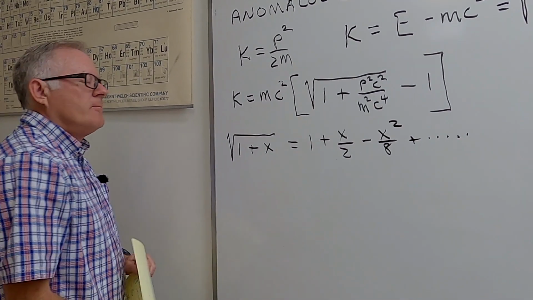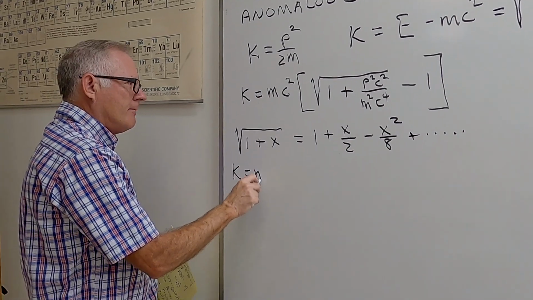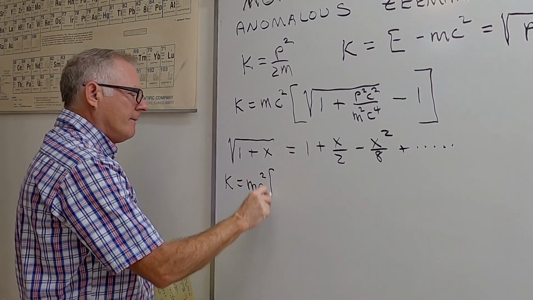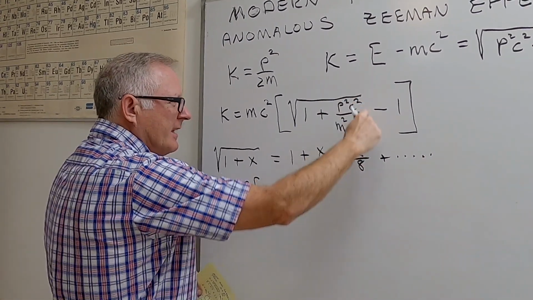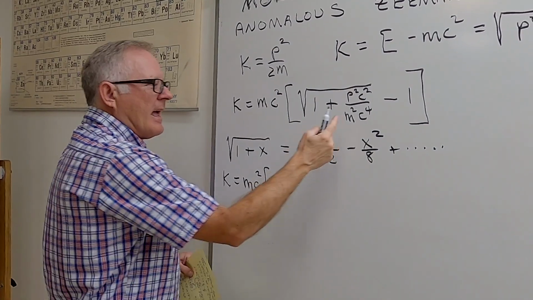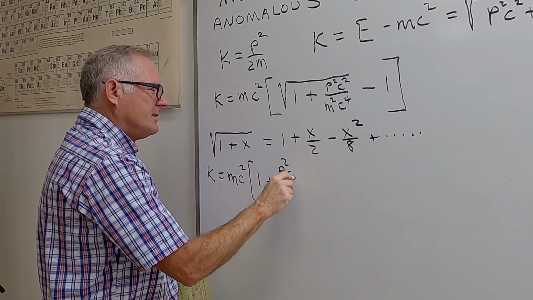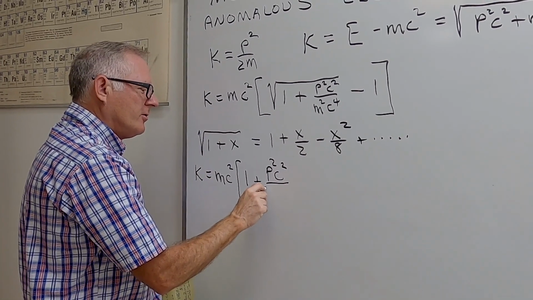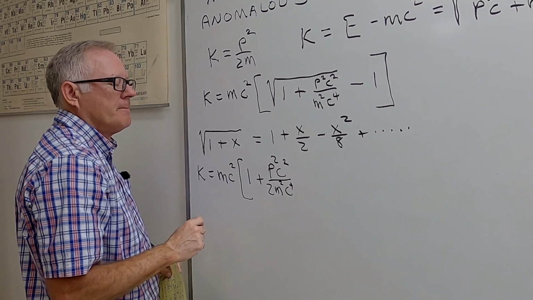Okay, so we have kinetic energy equals mc squared, and my x is everything in here. So it's just 1 plus a half of this, which is p squared c squared all over 2 m squared c to the fourth.